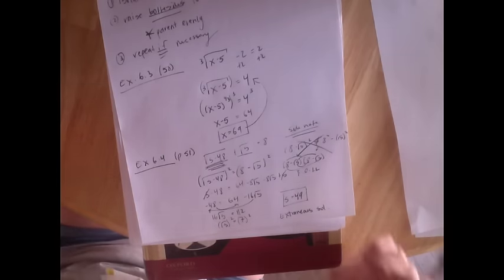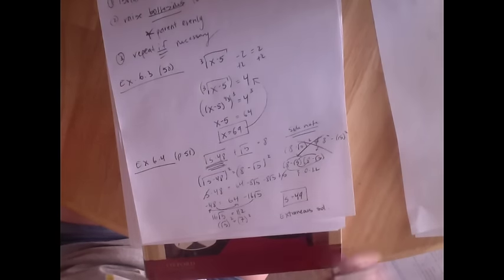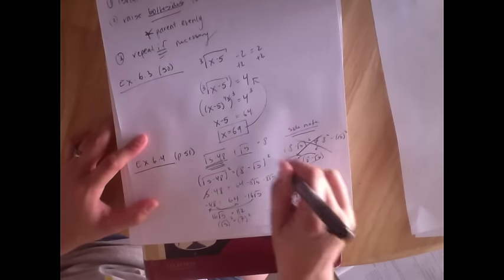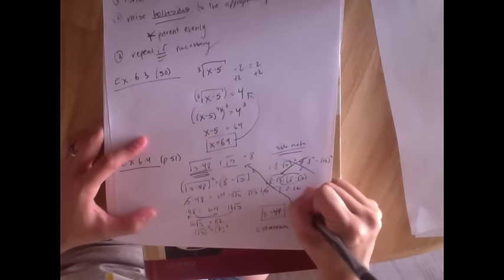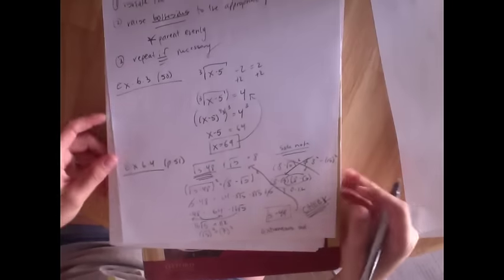We cannot take a square root of a negative number. We're not using imaginary numbers right now, so we have to be aware of that. So we always take this number and check it. Check your answer. Always. All right.